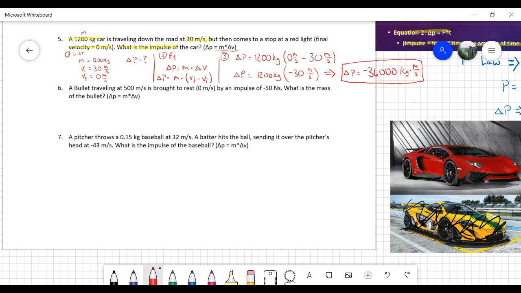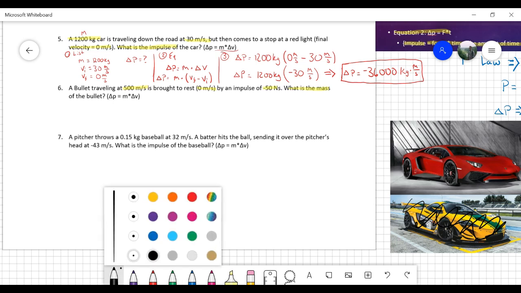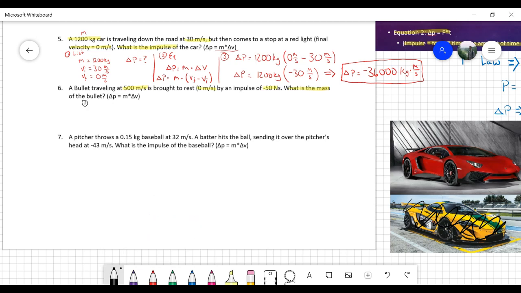Let's do another slightly more sophisticated example. We have a bullet traveling at 500 meters per second, and then it stops. There's an impulse of negative 50. What is the mass? Start with our list.